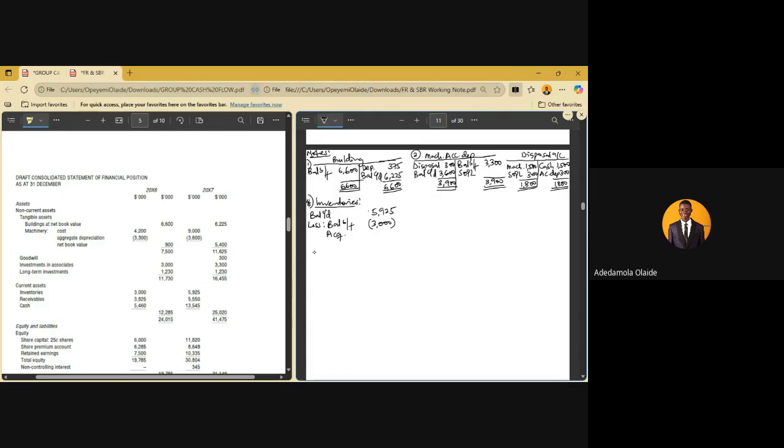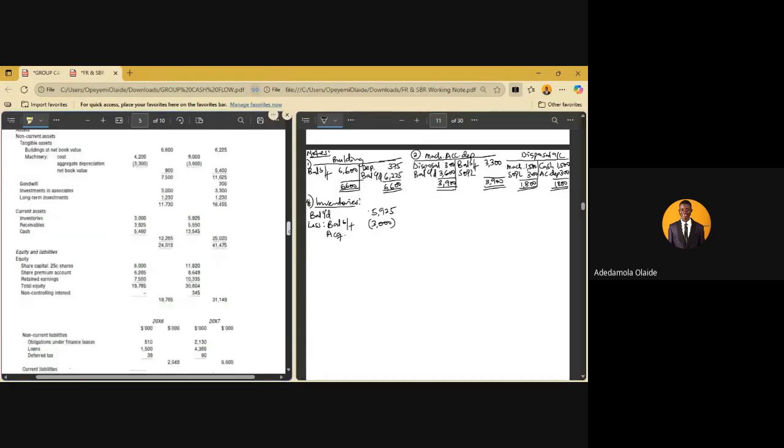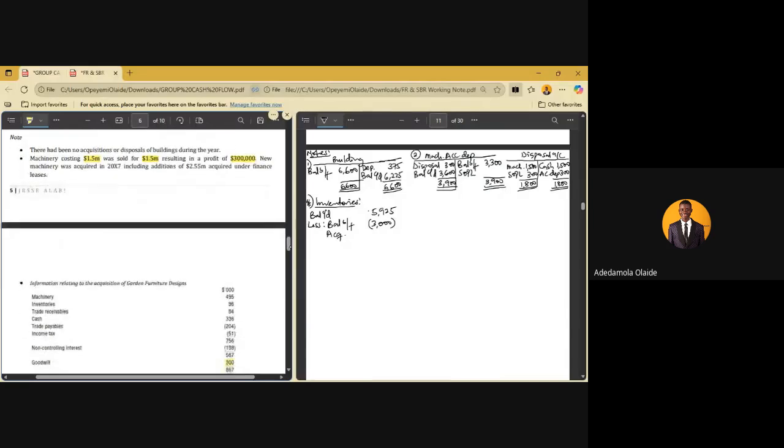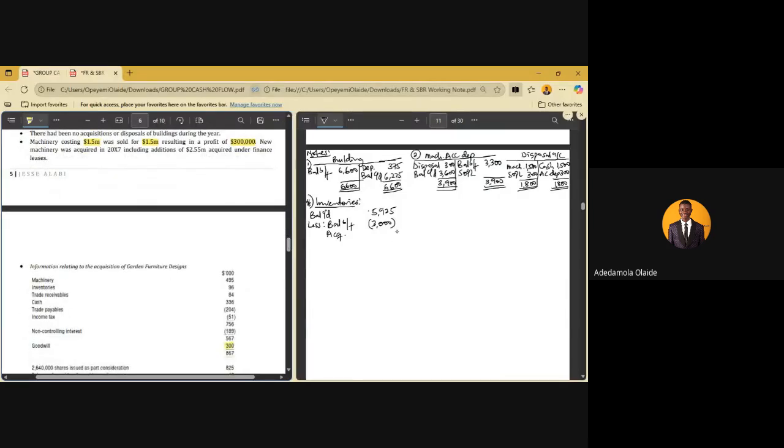The one acquired of inventory, okay. Inventory acquired is 96. So what do we have? An increase.